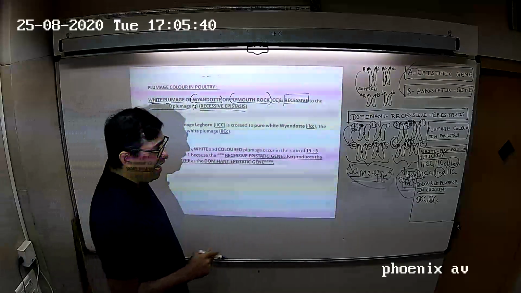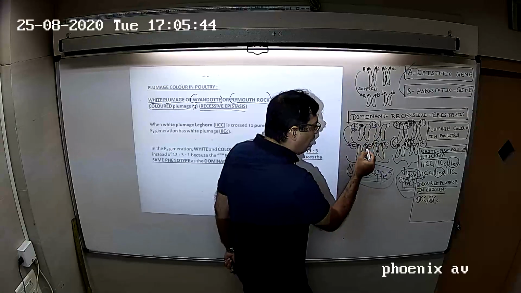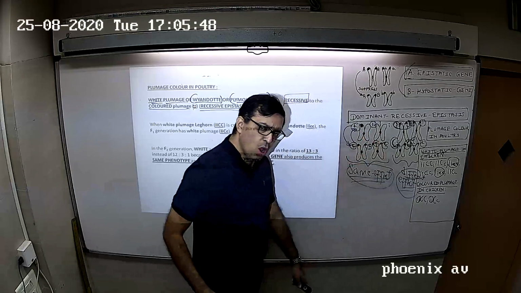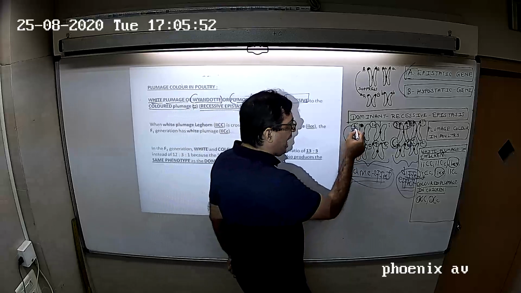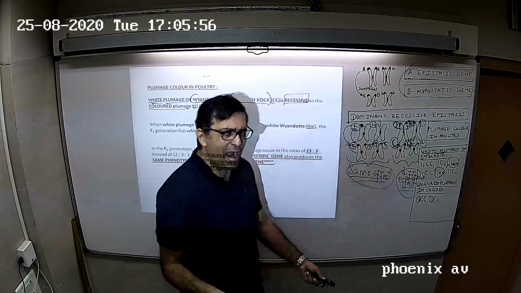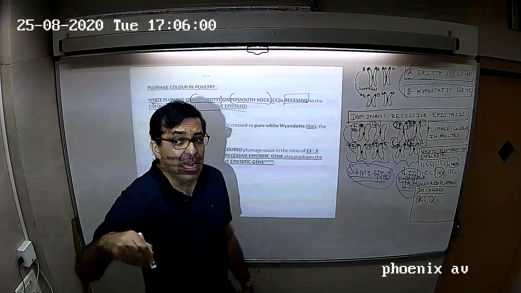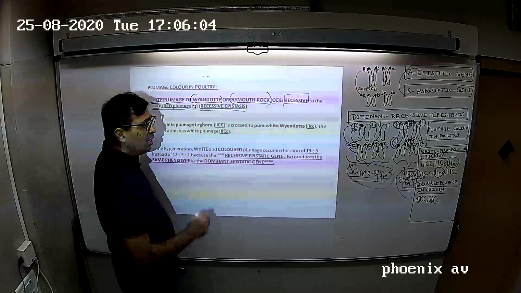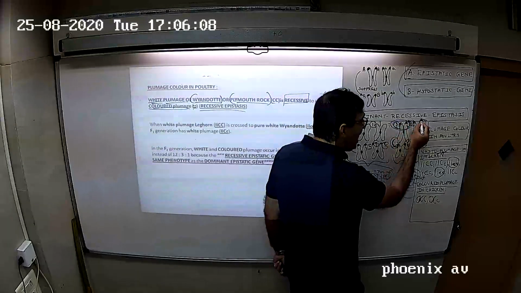And what will capital I with small c show? White color. Or what will capital I with capital C also show? White color. Colored plumage will be when there is small i.